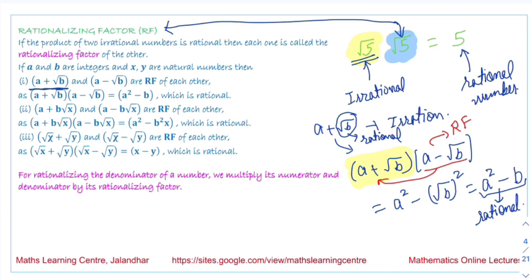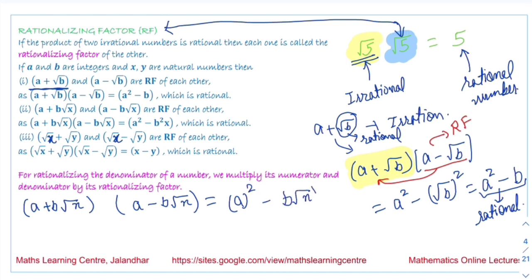Here we have some general formulas. If the number is of the form a plus b square root x, its rationalizing factor is of the form a minus b square root x. If we multiply both these terms, the answer is a squared minus b squared square root of x squared, so a squared minus b squared into x.